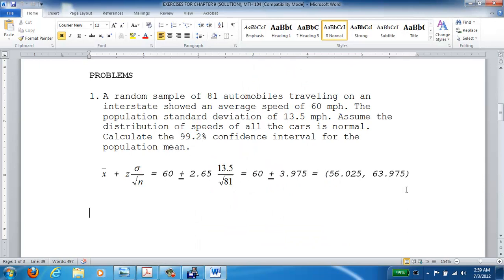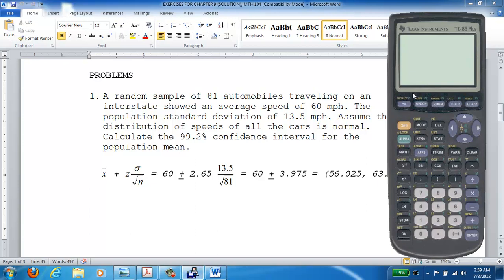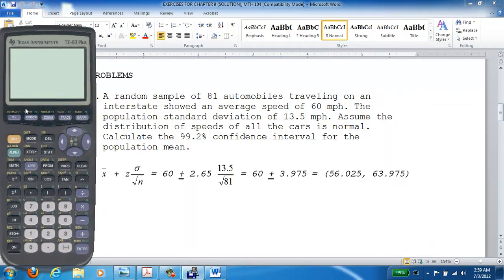But let me show you also the same problem, how to do it by using the graphing calculator. In this case, we have to go to Stat, Tests, and we go to z-interval.